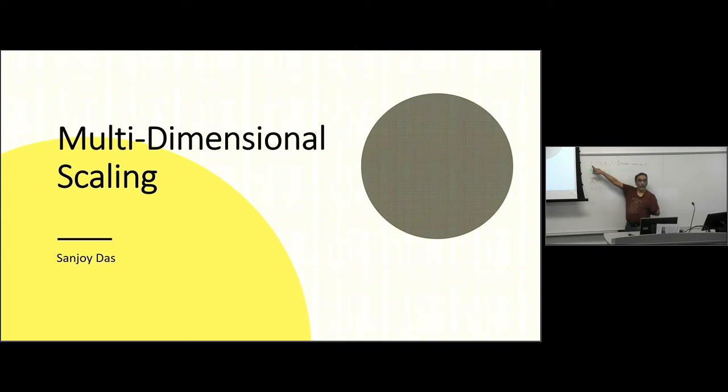Unless this is positive semi-definite, lambdas could also be negative. So this is the general form of how you represent a square symmetric matrix as a sum of rank 1 matrices. And the lambdas are in decreasing order.